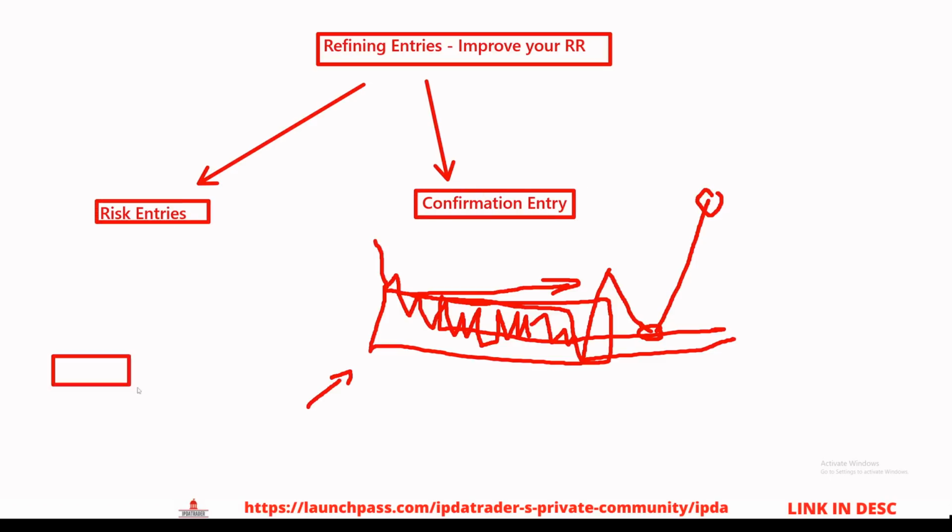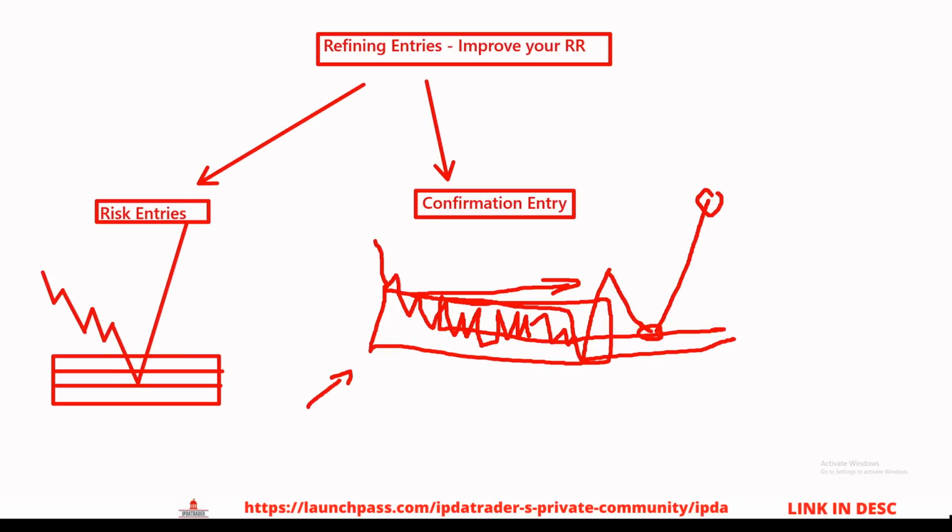And obviously a risk entry is where you just place a buy limit or a sell limit, depending on if you're looking to go short or you're looking to go long, and you're placing that at specific levels within your POI, expecting that as price trades into that, it's going to tap it and move the opposite way, right?